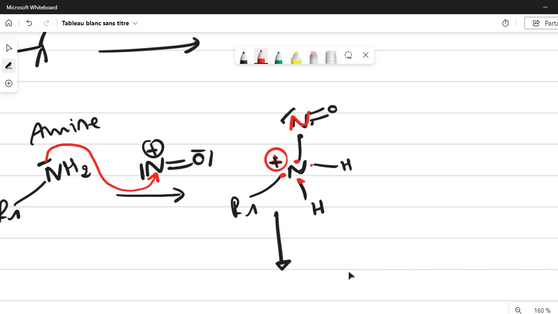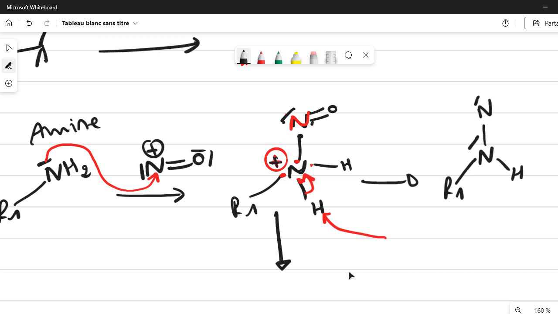So we have to grab this hydrogen and make our molecule neutral again. So I redraw it again, with only one H this time, a lone pair, and another one with a lone pair with an oxygen, okay?